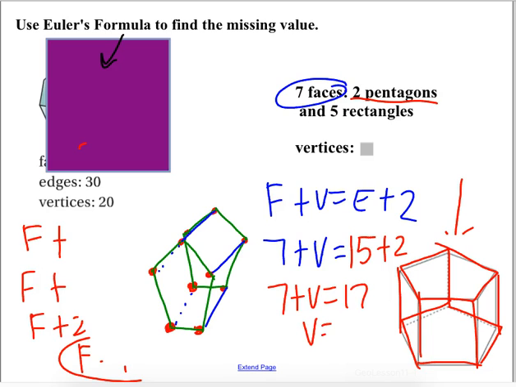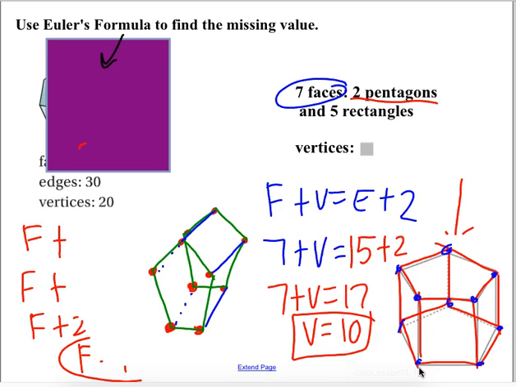So I have a total of 10 vertices. And we can obviously check that because look, 1, 2, 3, 4, 5, 6, 7, 8, 9, 10. So we did do it right. Nice work, everyone.